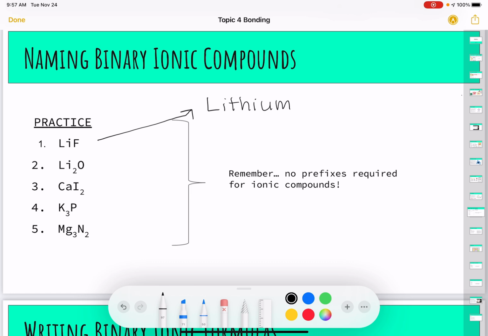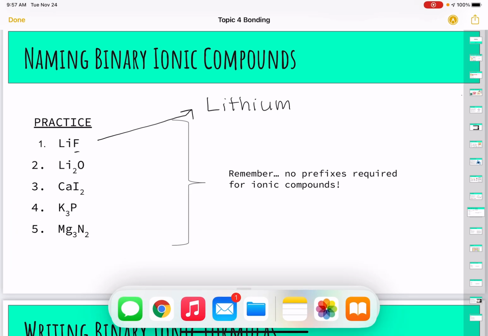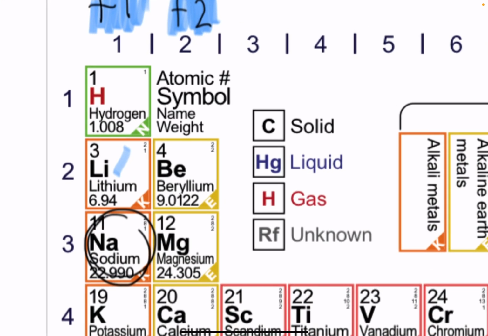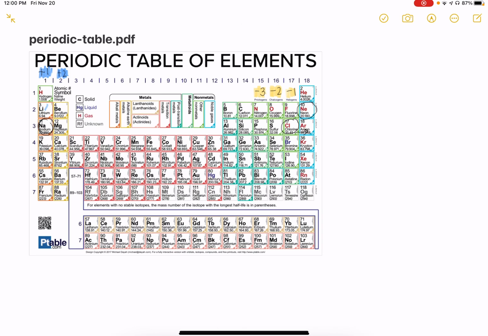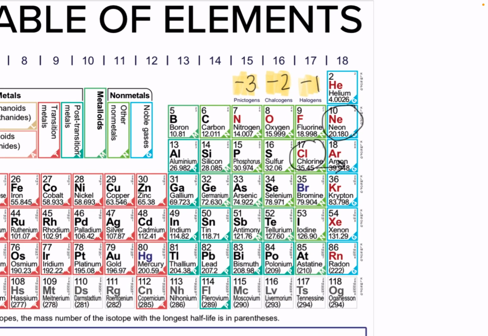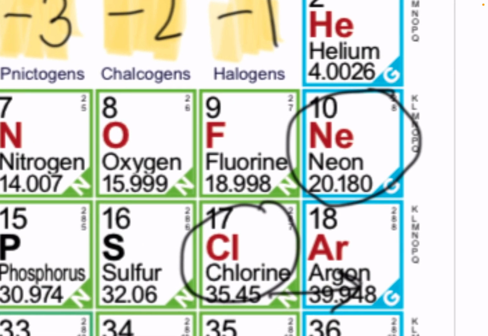Then we have to look up what F is. Notice that the first element's always going to be a metal, and the second's going to be a non-metal. A non-metal is on the right-hand side of the periodic table, so it narrows it down for you, especially when you're not so familiar with the periodic table yet. F is number 9 right there, and it's fluorine.